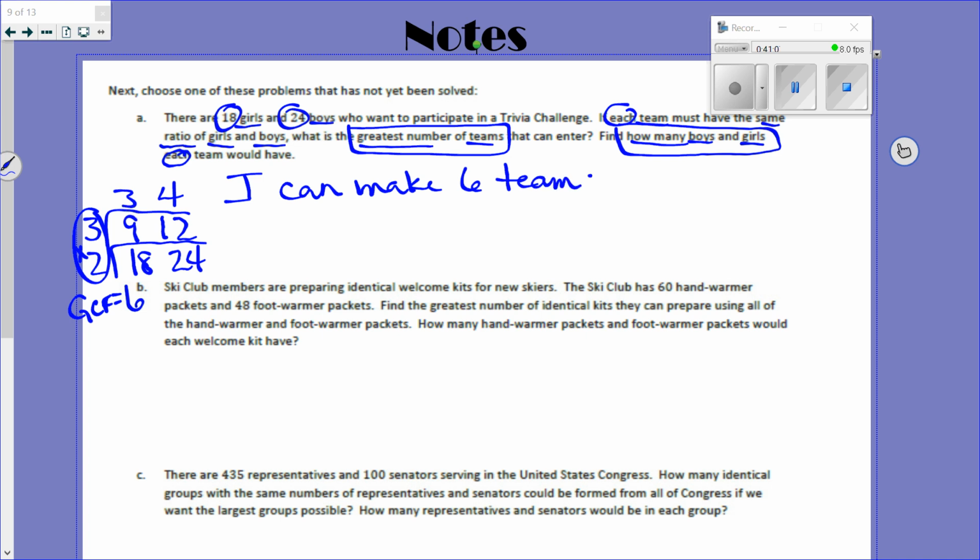Here's kind of another interesting piece on this. How many boys and girls would each team have? Well, that's actually my top row. So each team would have 3 girls, because that was listed first. And 4 boys.